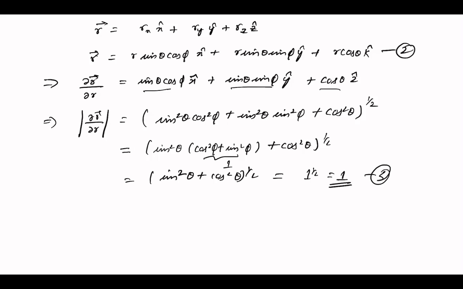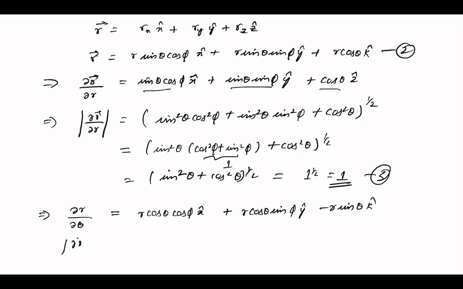Similarly, we will also calculate del r by del theta, which will be r cos theta cos phi x cap plus r cos theta sin phi y cap minus r sin theta k cap.